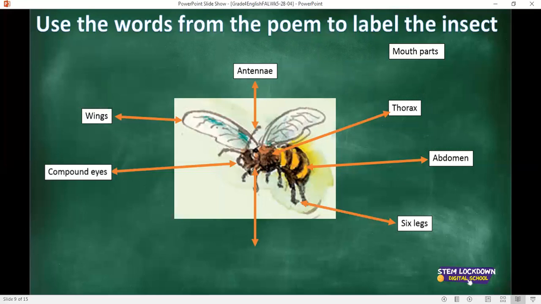Then my last one, the mouth parts. That's easy, it's where my last arrow goes. And that's normally where they'll find their little pinchers. Okay, so that's just the anatomy of a bug, all these different little parts. Now let's get into our questions.